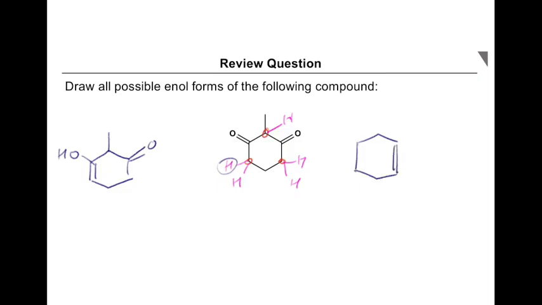What if I do the same thing over here? Did I just find a new one? I found the same one. Because of symmetry, right? The left and right. That means that if I only deprotonate one of these, or one of these, because of that axis of symmetry, these are the same compound. So this is symmetrically related. Not good job, C+.